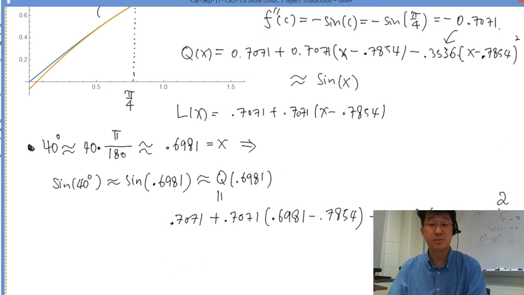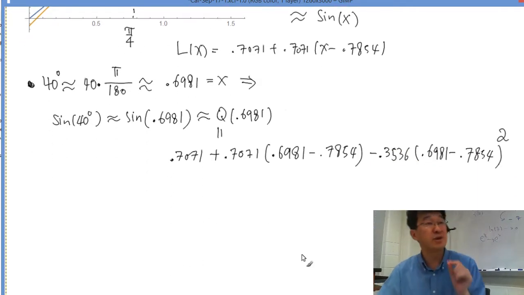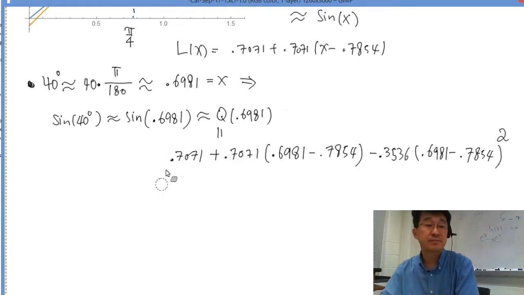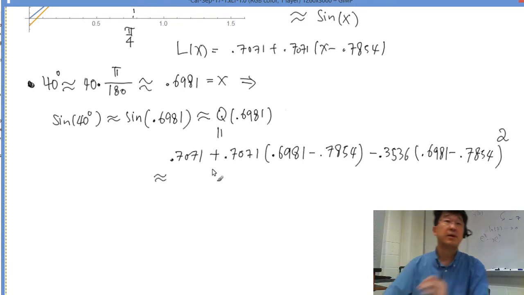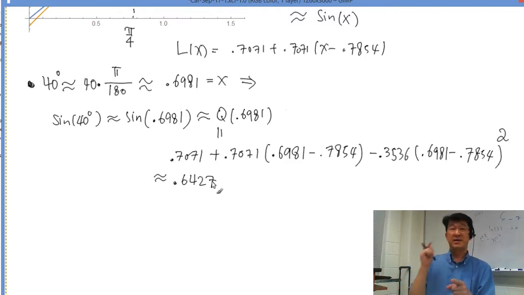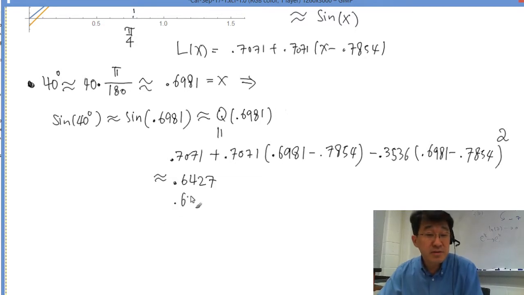I know it's boring, but can you go ahead and calculate this number with your calculator? 0.7071. If you have a good one, you can just type exactly like that in one line, and then squaring and all that. What was that? 0.6427. Right, that's one answer. Another says 0.6357.